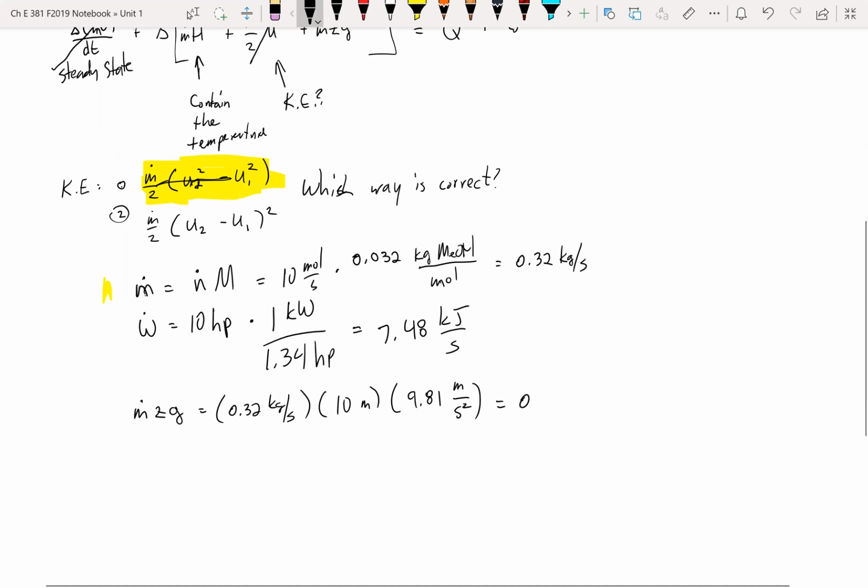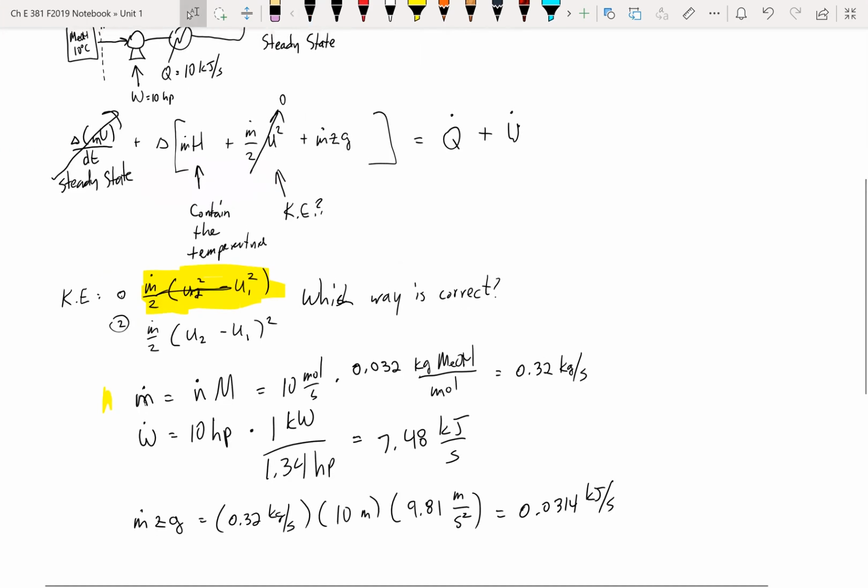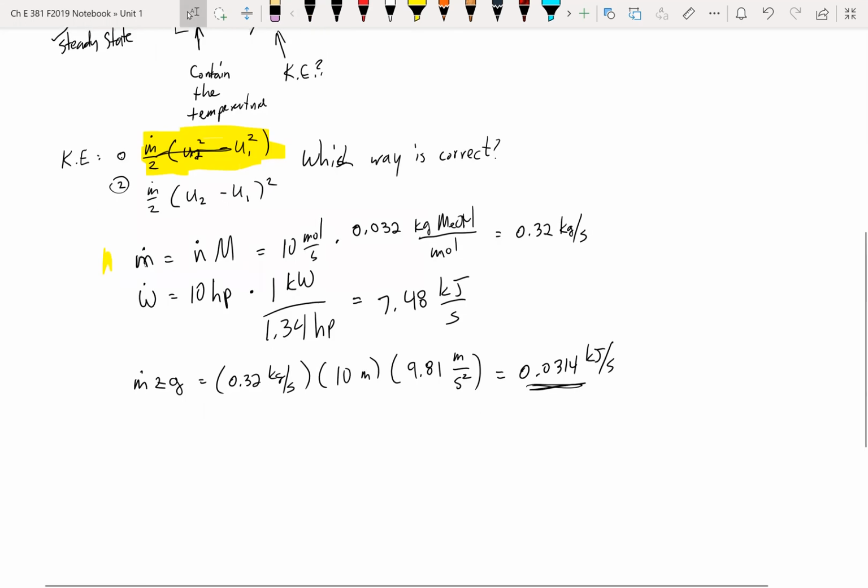And that works out to be 0.0314 kilojoules per second. So it's not huge, not in any way, shape, or form, especially if you compare to the 10 kilojoules per second the heat exchanger is applying and the 10 horsepower that the pump is applying. So you would probably be okay neglecting that, and we're not going to get a huge difference in this case by including it.